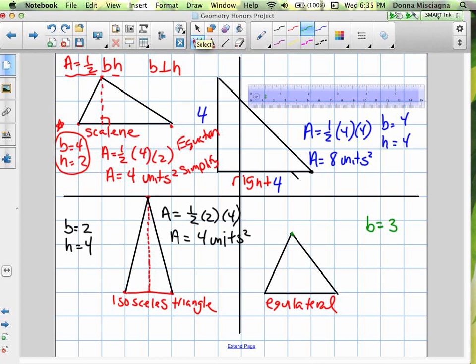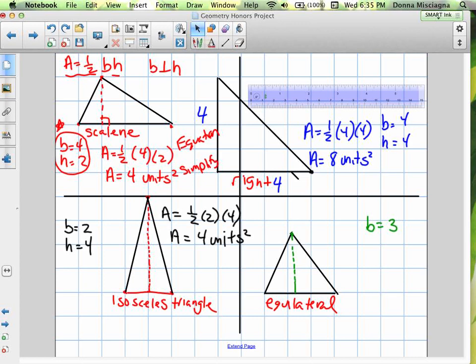If you don't want to find the area of the equilateral triangle, just draw another triangle, a scalene, a right, or an isosceles, and find that area instead. Okay? Because chances are one of those values is not going to be very pretty, then it's fine. Draw something that will be pretty.